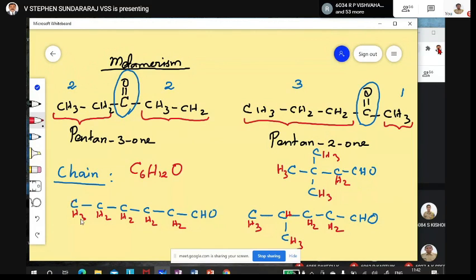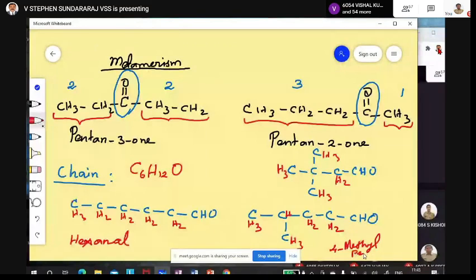You see the IUPAC name. What is this called? This is called hexanal, because the number 1 and al is not required. I have told you, if you want you can write it, otherwise it is not required. Hexanal. But this is 4-methyl pentanal.